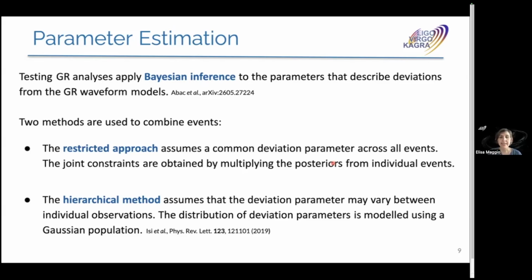We apply a restricted approach, which assumes that the deviation parameter is common across all the events, and the joint constraints are obtained by multiplying the posteriors from individual observations. We also apply a hierarchical method, which assumes that the deviation can vary across the different observations. And in this case, the distribution of the deviation parameters is modeled using a Gaussian population.